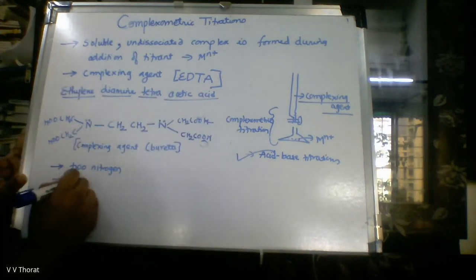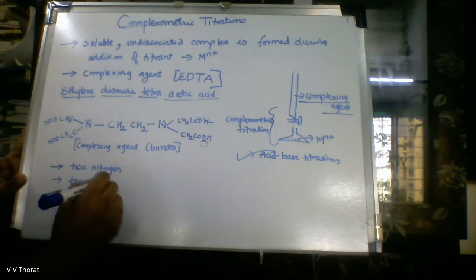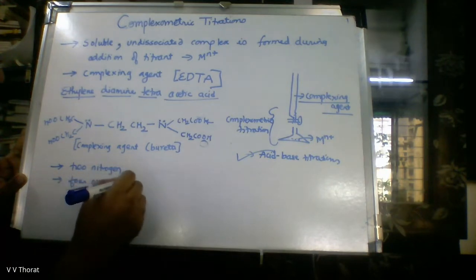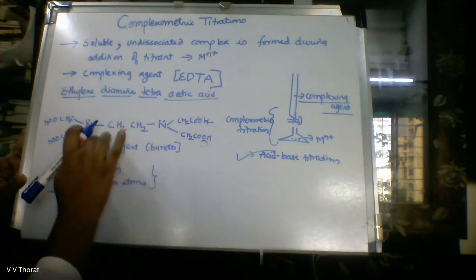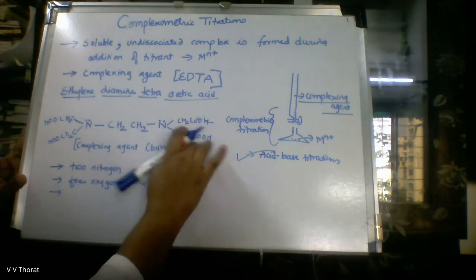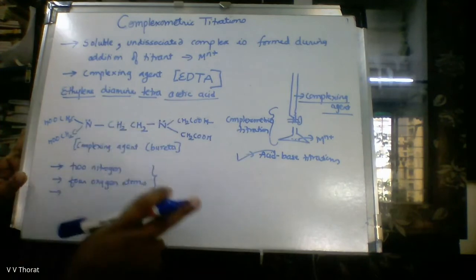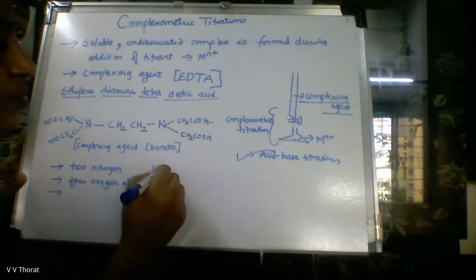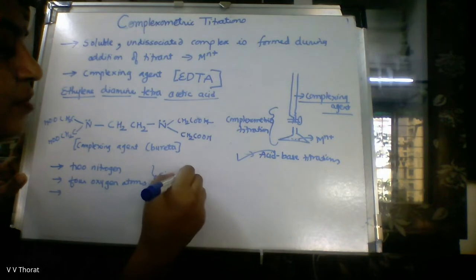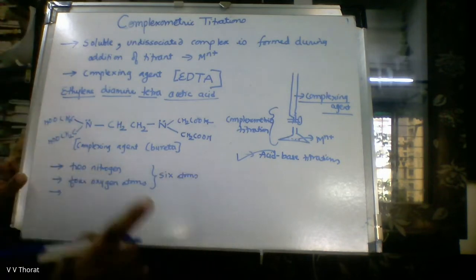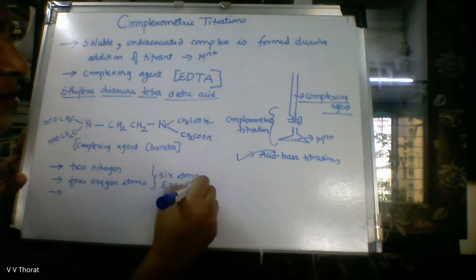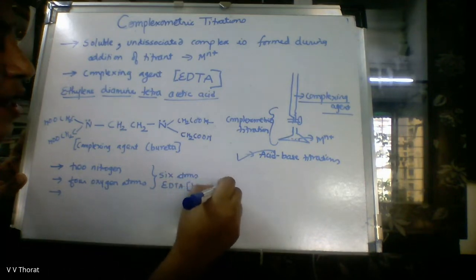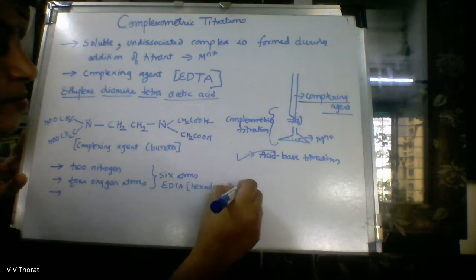So in total, ethylene diamine tetraacetic acid will coordinate to the metal ion through six of its sites, and therefore EDTA is also called a hexadentate ligand.